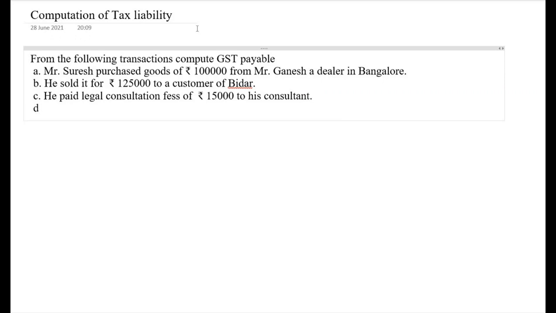Then next, he purchased stationery for his office use, ₹3,000.